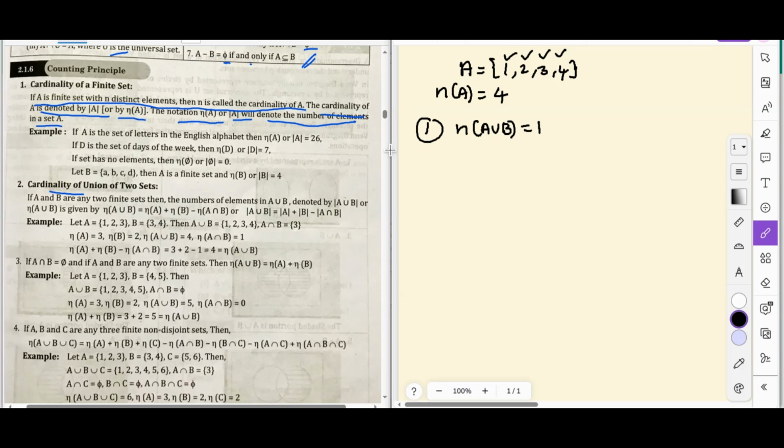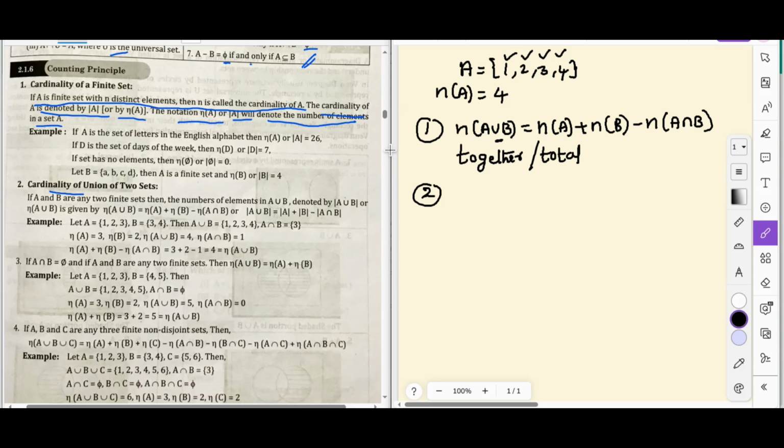Cardinality of A union B will be cardinal A plus cardinal B minus cardinal A intersection B, or we can even call it n of A, n of B. Here, union we will use when they ask in the question to find together, or if it is total, we'll be using this formula.